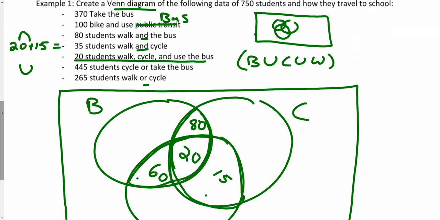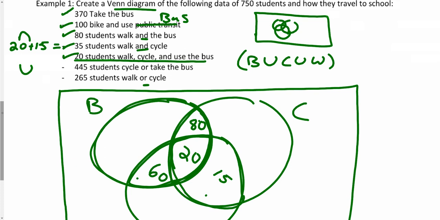So far I've used this piece, this one here, and this one here. Let's look at this one right here. 370 students take the bus. So all of this in this ring of my diagram has to add up to 370.